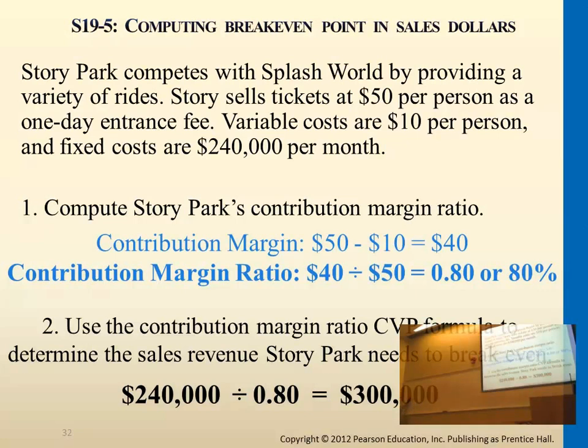So rather than going through all this calculating units and then multiplying by sales revenue, you can just directly calculate the ratio and then divide the fixed costs by it to get the sales in dollars. But really this information is the same, just from different angles. They're all relating to break-even points. It's either in the units, the events that companies need to provide, or the sales revenue that they need to generate.